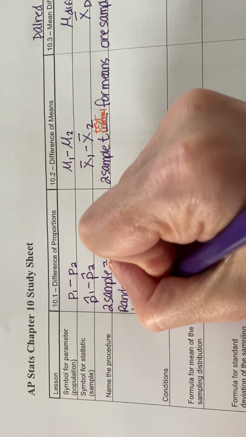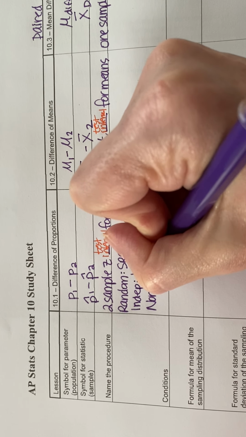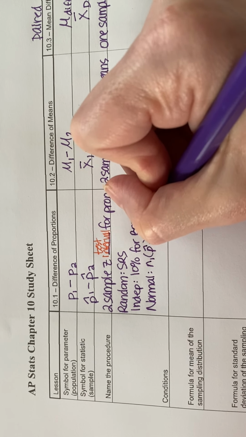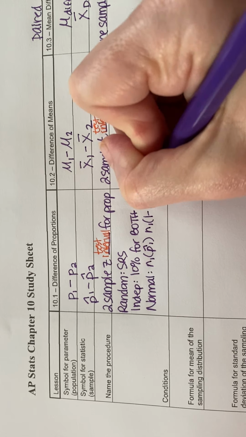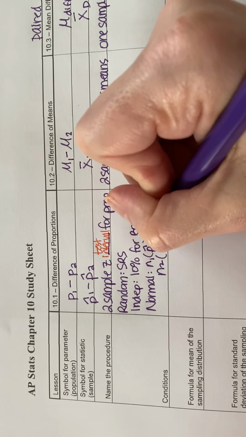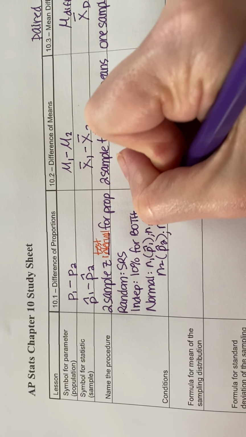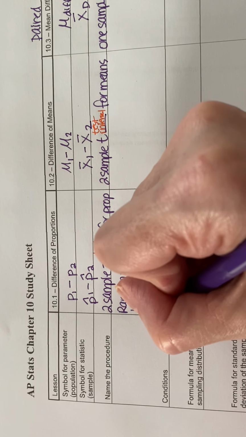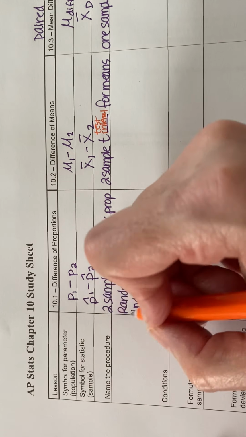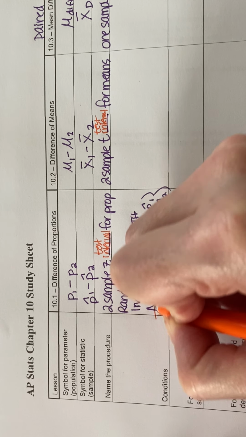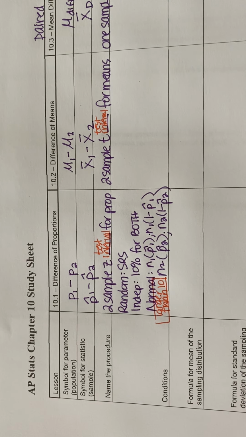And then normal, you're going to do N1 times p hat 1, N1 times 1 minus p hat 1, N2 times p hat 2, N2 times 1 minus p hat 2. Just remember that you are checking successes and failures, and they all have to be larger than 10 for the normal condition to be satisfied.